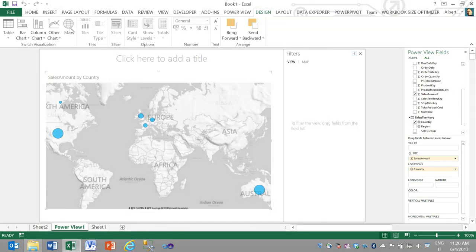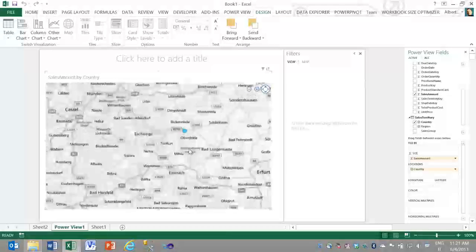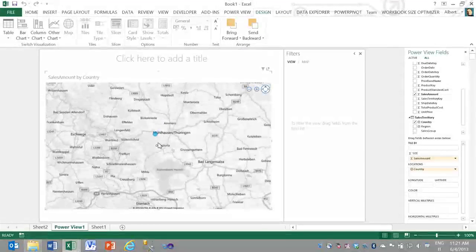Bing provides geographical resolution, that is, transforms each name into a point in space, and then grabs out of Bing the map and shows everything here. So you can, of course, zoom on Germany and use all the tools you might expect to have in a normal map using Power View.